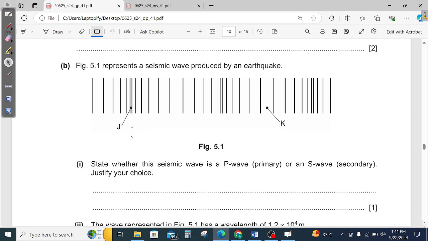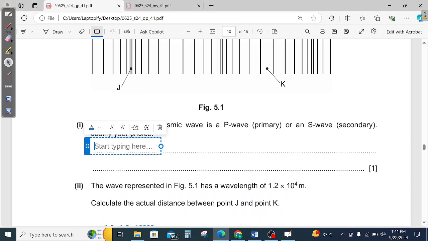First point you will write here, the above diagram is primary waves.